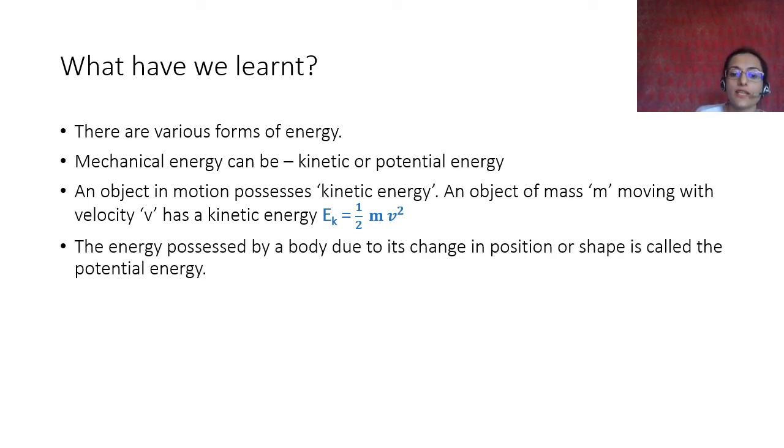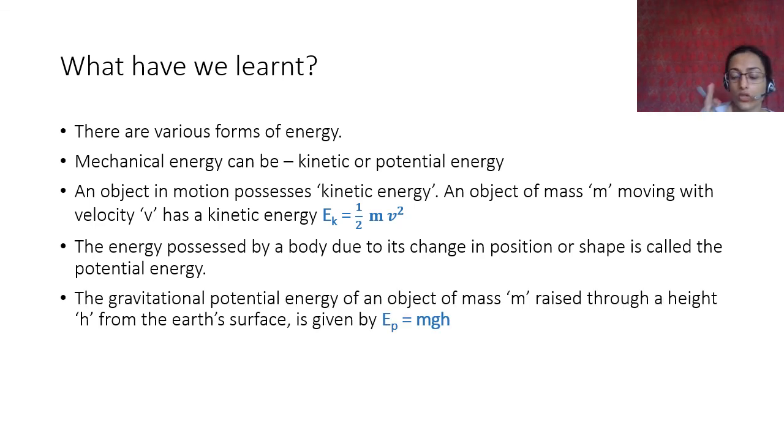The energy possessed by a body due to its change in position or shape is called potential energy. You are giving it the potential to do a certain amount of work. That is, you are storing that energy in that object as the potential to do work. That is the potential energy. The gravitational potential energy of an object of mass m, raised through a height h from the earth's surface, is given by mgh.